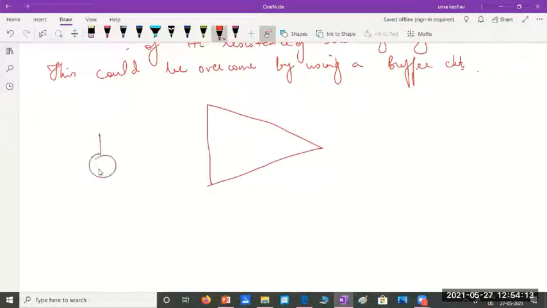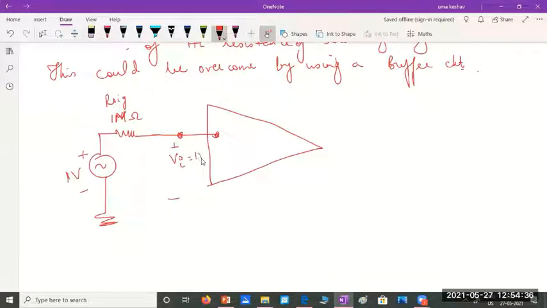You connect this signal generator of 1 volt and internal resistance 1 mega ohm, this is Rsig, to the input side of the buffer, and the Vi you get here should still be 1 volt. You shouldn't have a decrease in the voltage. That is what is needed.